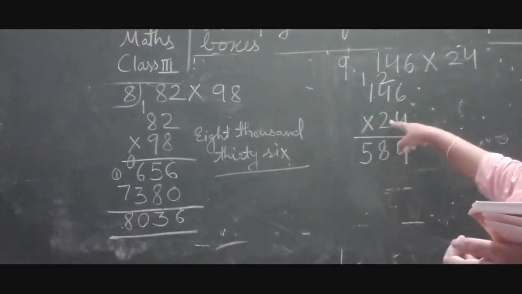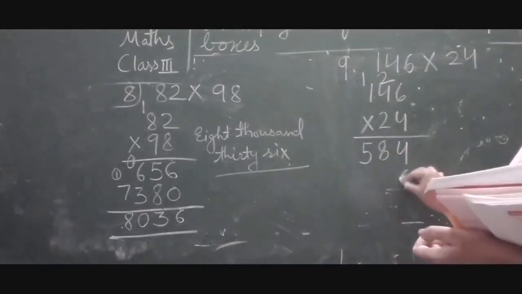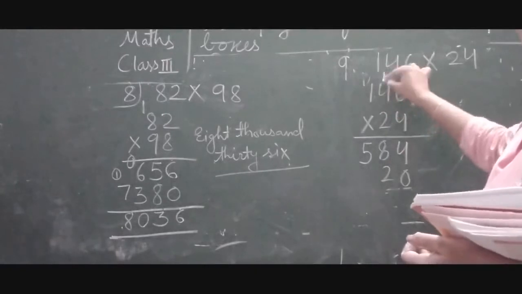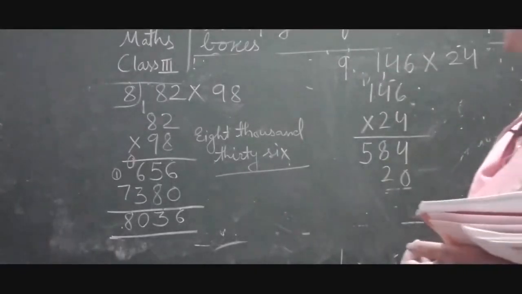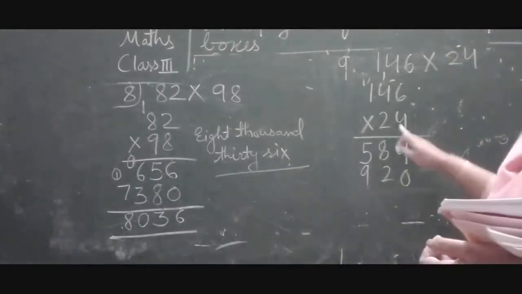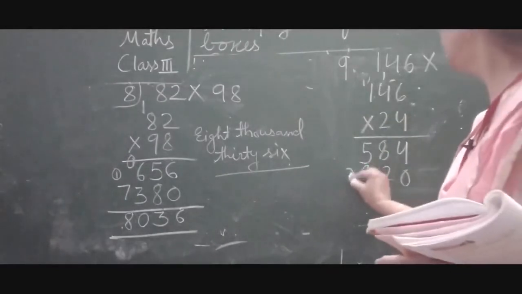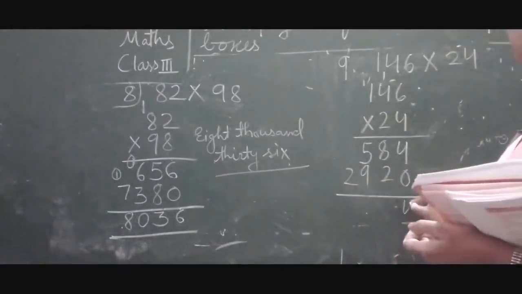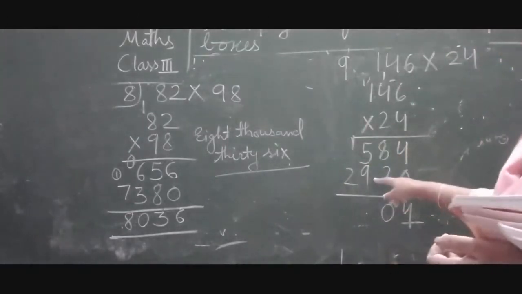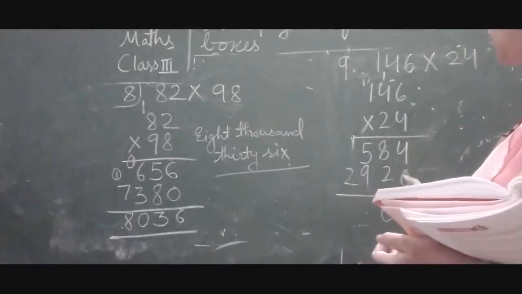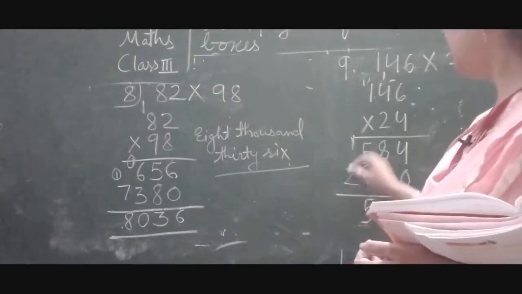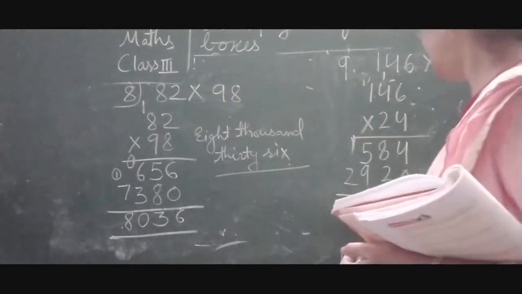Now again you can see 2 tens is there, so 2 6s are 12. So we will write 2 over here. Now 2 4s are 8, 8 plus 1 is 9. Now 2 1s are 2. So we will add: 4, 8, 2, then 10 plus 1, 9 and 5, 10, 11, 12, 13 and 14, and this 15. 5 will be over here, 1 will be carry over, 2 and 1 is 3.